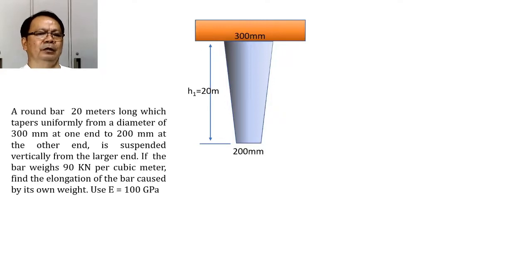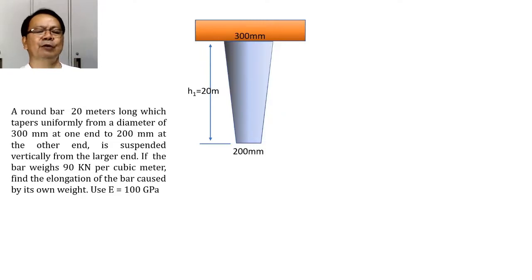Pero sigurado na madali ninyo natatandaan ang formula ng volume of a cone, hindi ba? So if you are familiar with the formula of the volume of the cone, then there is nothing to worry about how are we going to use for the formula of the frustum of a cone, because the frustum of a cone can be simply taken as the difference between two different cones.